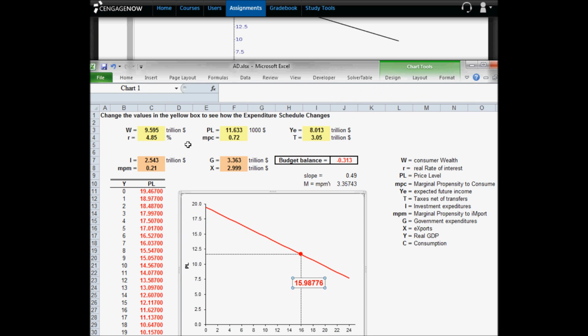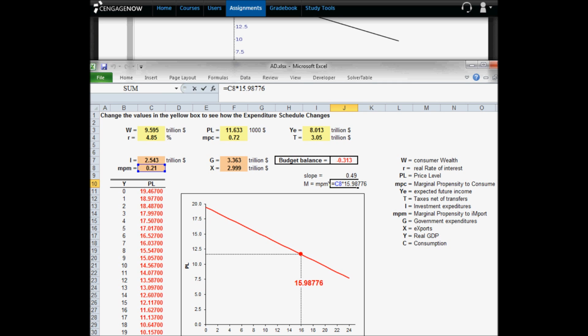We can blow it up too. So C8 again is the marginal propensity to import, and 15.98776 is real GDP. It is the value that GDP is when the price level is 11,633.